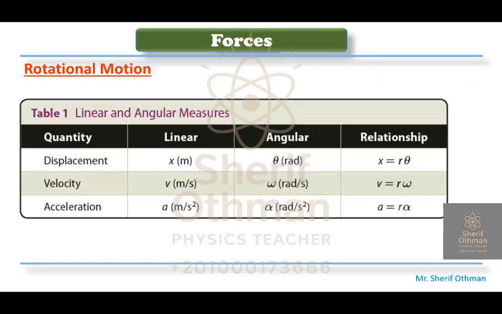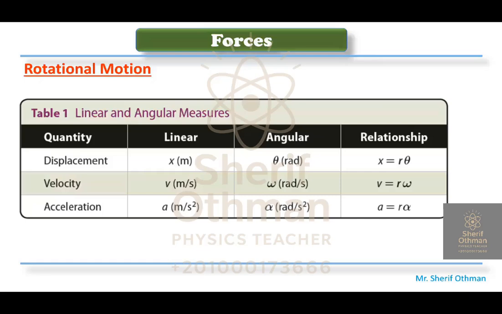Linear motion has a symbol of x and a measuring unit of m, the displacement, while the angular has theta and is measured in radian. Velocity has a symbol of v and a measuring unit of meter per second.